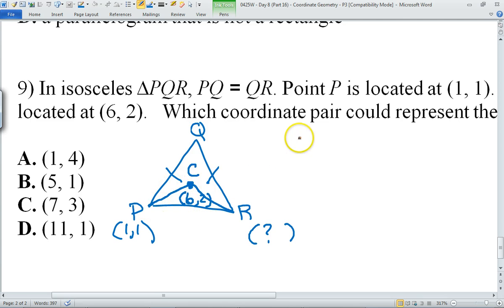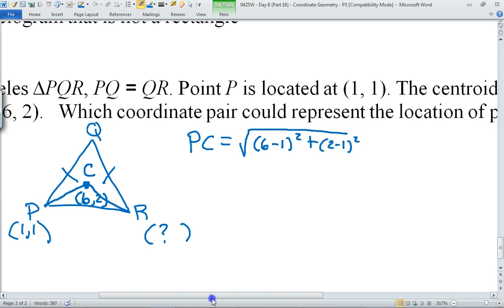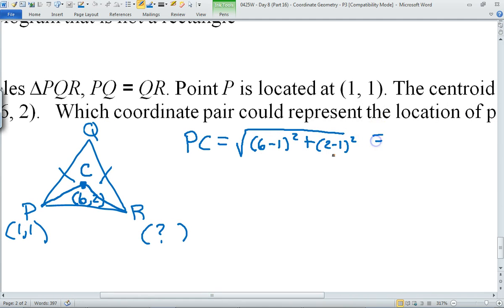So we can find the distance from P to C, can't we? By using the distance formula. If we do that, and I'm talking about x minus x, so 6 minus 1 squared plus 2 minus 1 squared. Tell me the length of PC. Type that in your calculator and tell me.